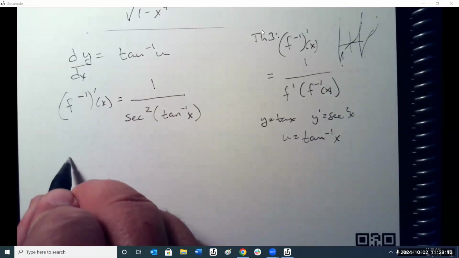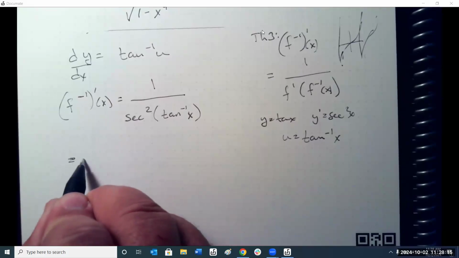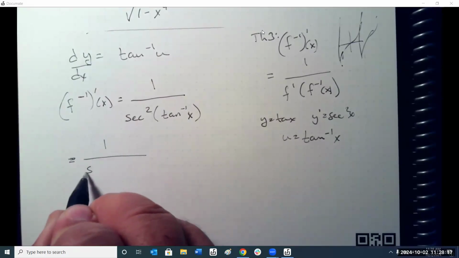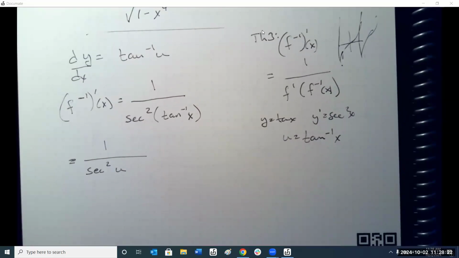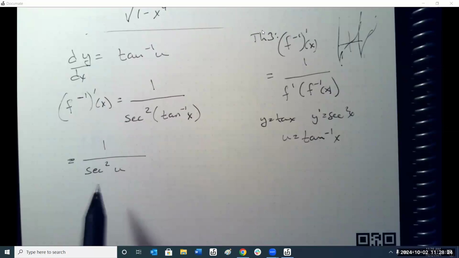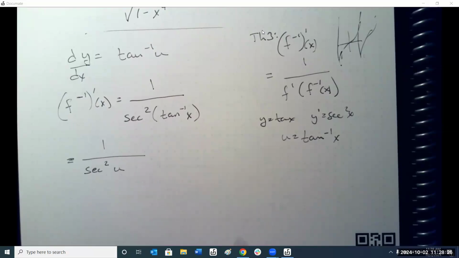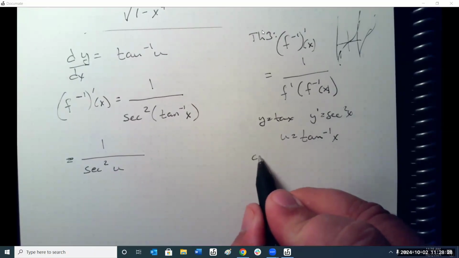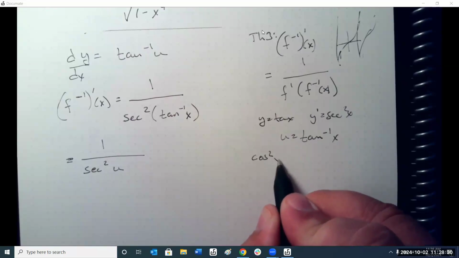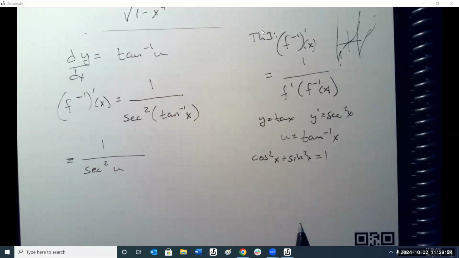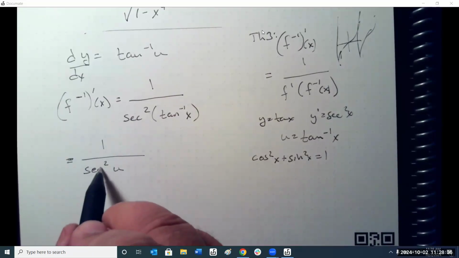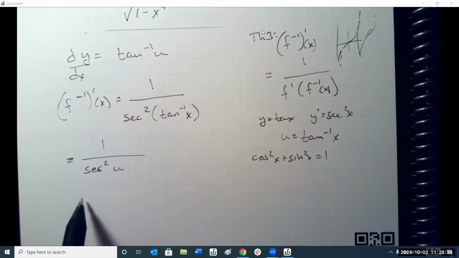Just make it easier to see, like that. Okay, and the identity functions. Remember, we had cosine squared x plus sine squared x equals 1. Secant is 1 over cosine.